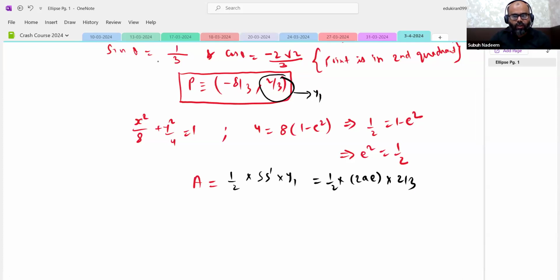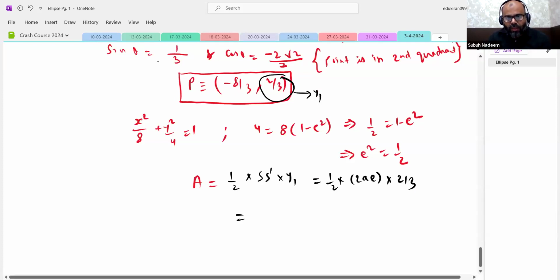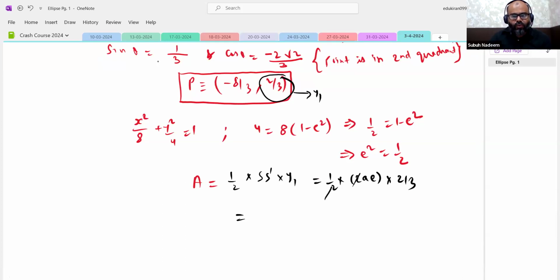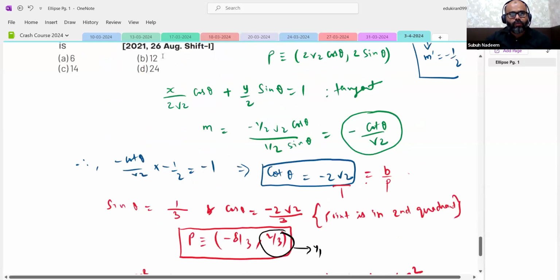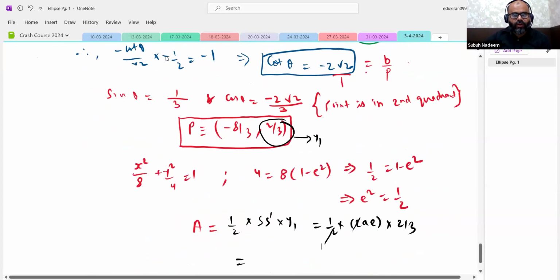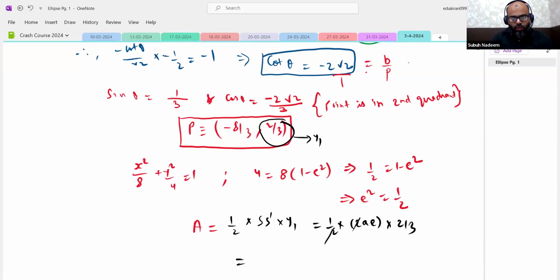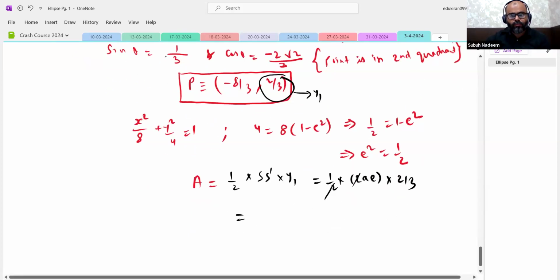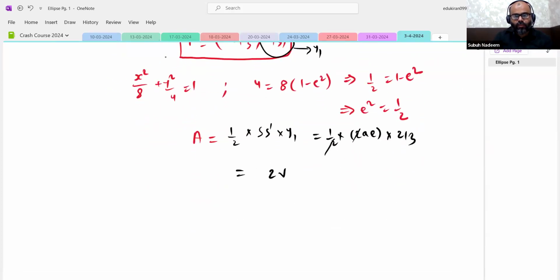Now, 2 cancels, and AE, if you want to find, so A is actually equal to 2 root 2. Okay, the equation we already have here. It is 2 root 2 into E. E we got as 1 by root 2. From here, E square is equal to 1 by 2. Into 2 by 3. So root 2 cancels.